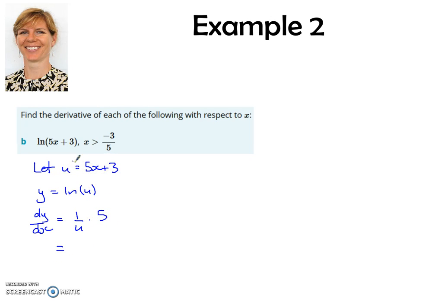Okay, but this time, because u is all of this, it won't cancel out with the 5, so what you end up with is 5 over 5x plus 3. Okay, so you can see that the derivative of whatever's in the brackets, which is just 5 at the top, divided by 5x plus 3 as your denominator.